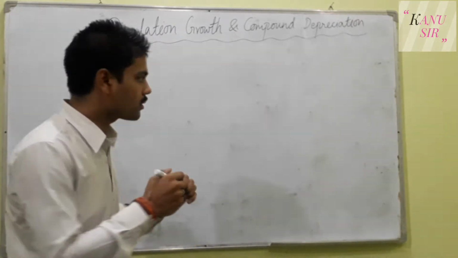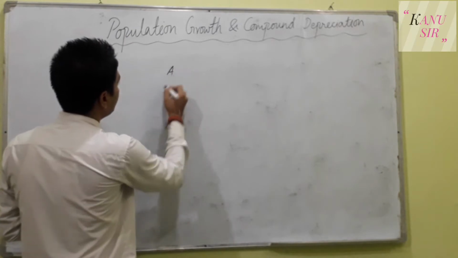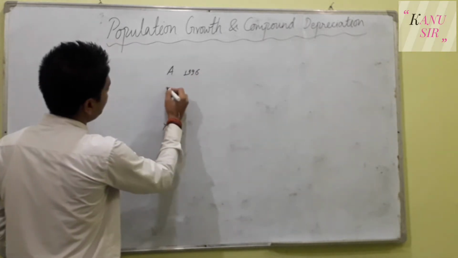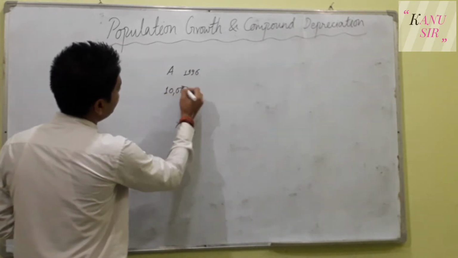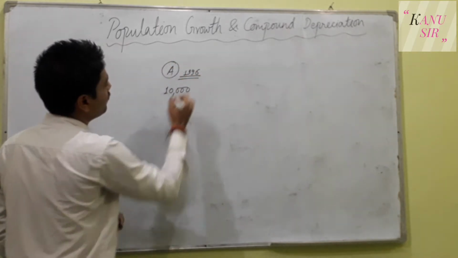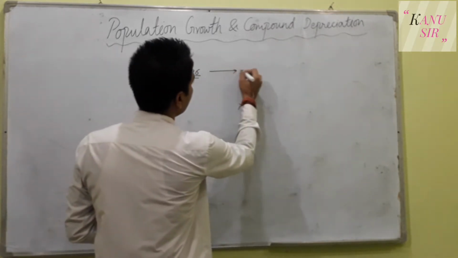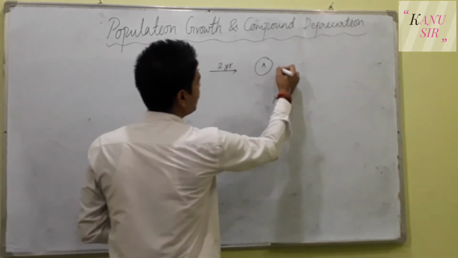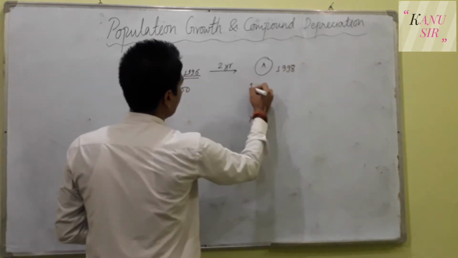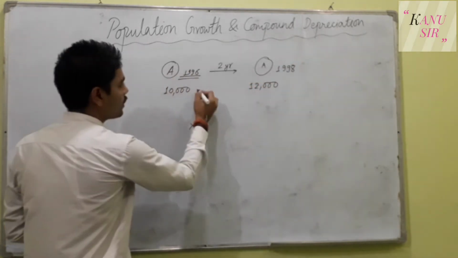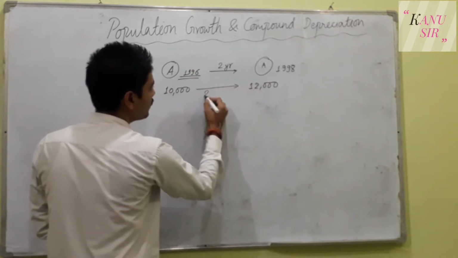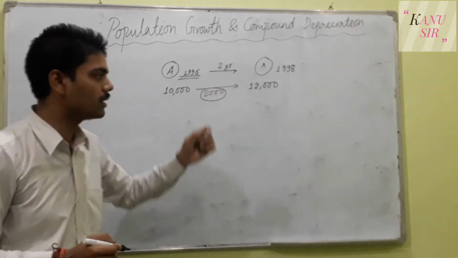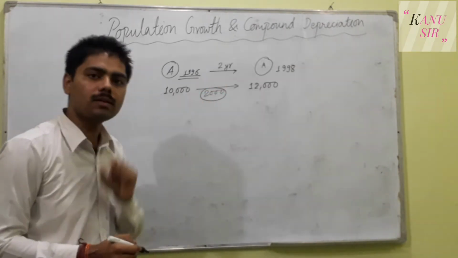If there are 10,000 people staying in a place A in the year 1996, and after 2 years, in 1998, the population of the area has increased to 12,000, then the growth from 10,000 to 12,000 is 2,000. This number of people increased within 2 years is called population growth.